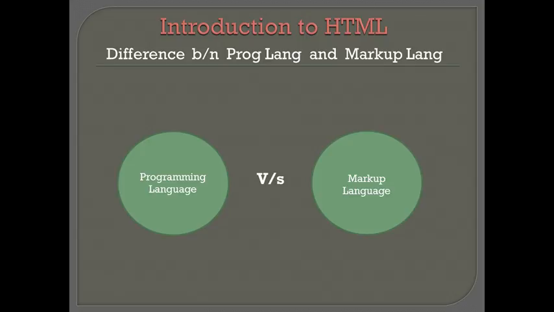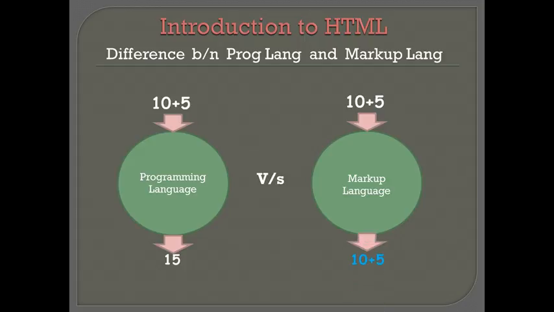For example, if I give input to a programming language as 10 plus 5, because it has computation capability, it will give me the output as 15. Whereas if I give the input as 10 plus 5 to a markup language, it will give me the output as 10 plus 5 itself.